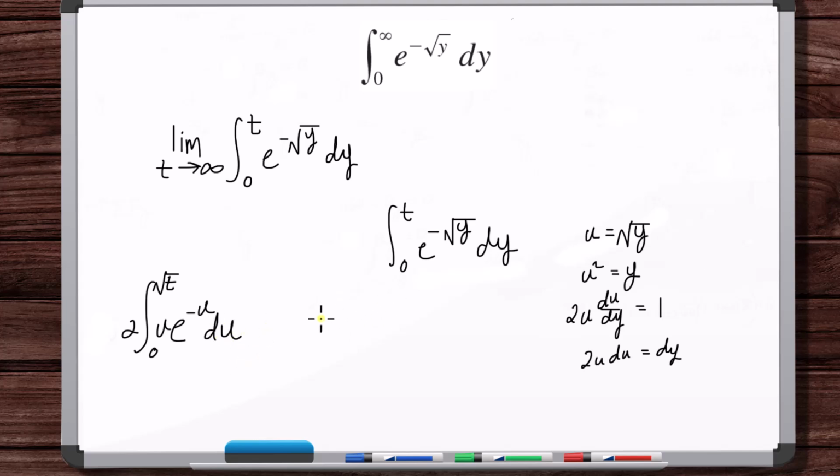Okay, so we can do integration by parts now.